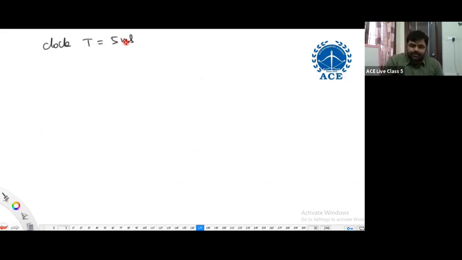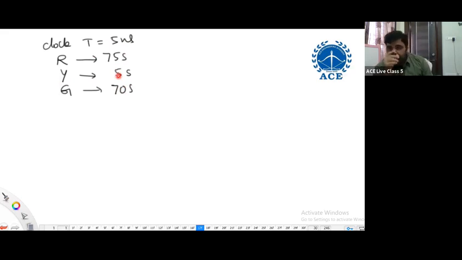I have to design a traffic signal where red is on for 75 seconds, yellow is on for 5 seconds, and green is on for 70 seconds. The values may change, but mostly these three only.